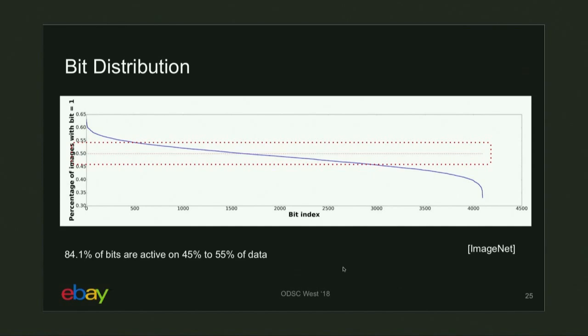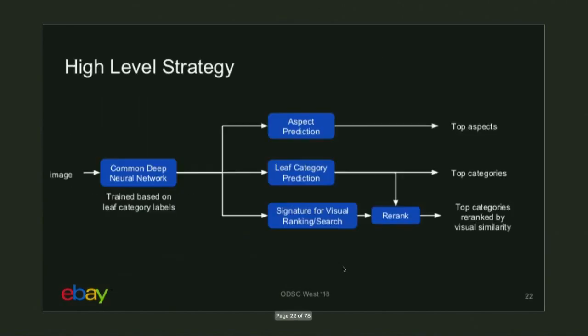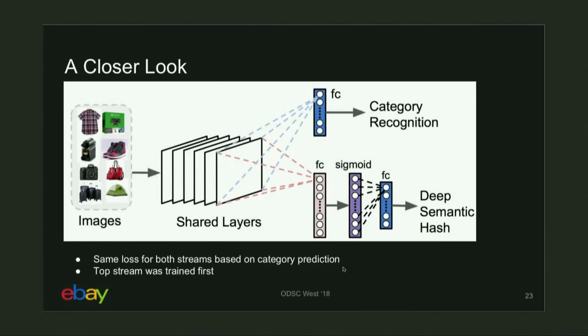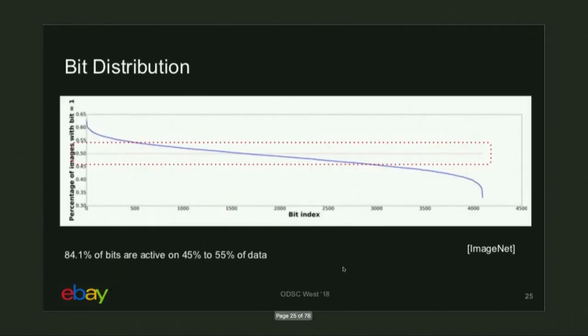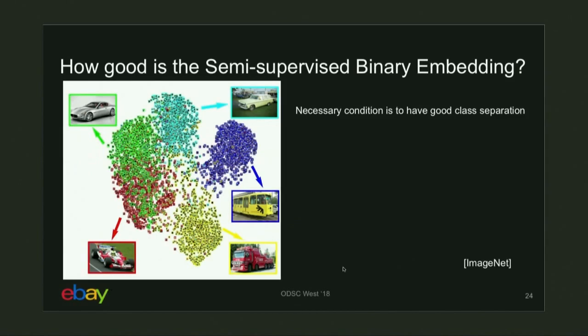I want to recap because we went through a lot of things. I showed this architecture. I initially talked about the data, and then I talked about, when we extract the signature, what should be the properties of the signature, right? One of the properties is separation.